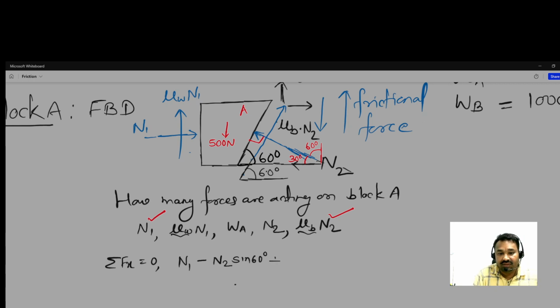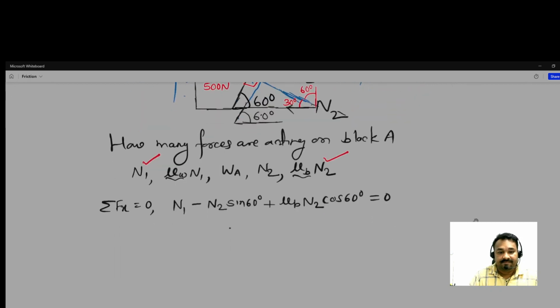So it is mu b N2, and it is making 60 degrees with the horizontal, that's why cos 60 degrees. This is equal to 0, and this can be simplified. How? N1 minus N2 is common: N2 sin 60 degrees plus mu b cos 60 degrees is equal to 0.